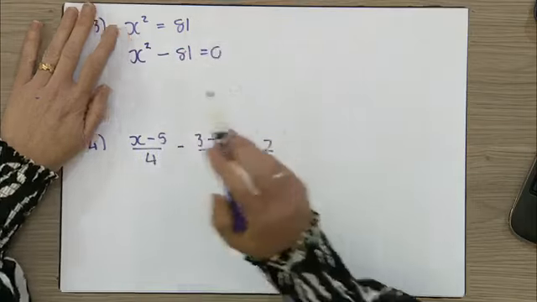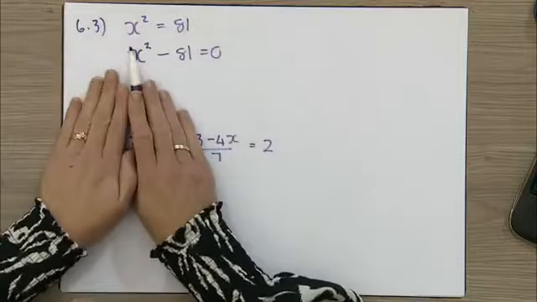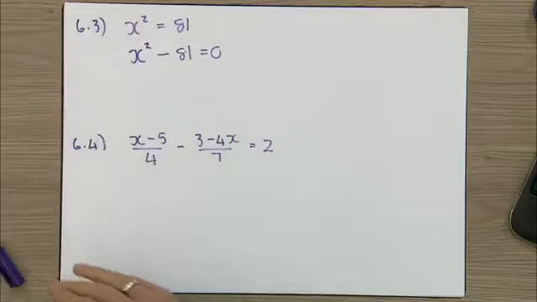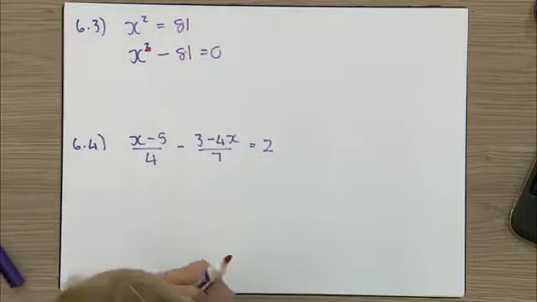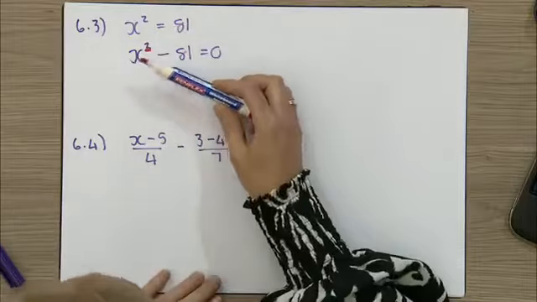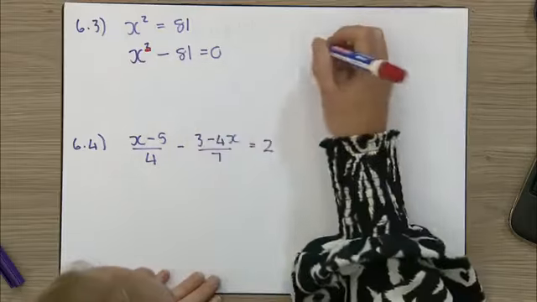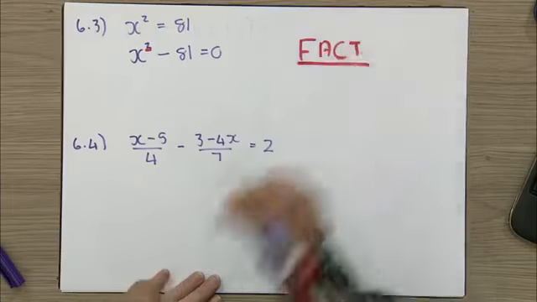So the moment you get an x or a y with a power of 2, bring everything to one side. So it says equal to 0. And now, with the power of 2, if it's a quadratic equation, that's an equation that has an x or a y to the power of 2, and we've made it equal to 0, we must always go and factorize.